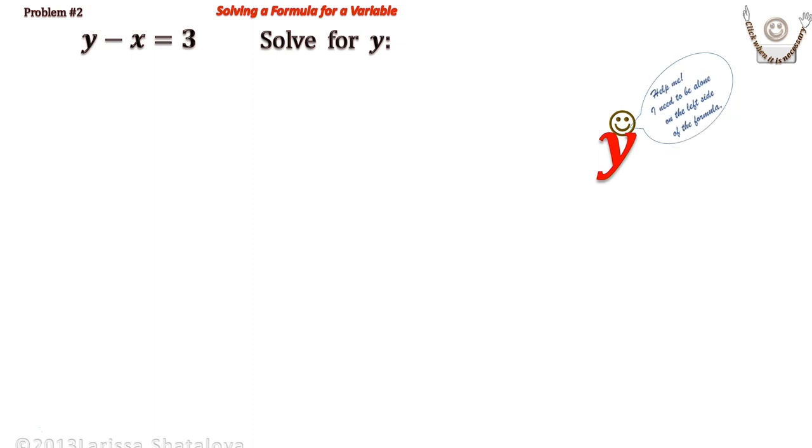Problem number 2. y - x = 3, and we have a request to solve for y. That means that we have to write our formula as y on the left, everything else on the right. Analysis.